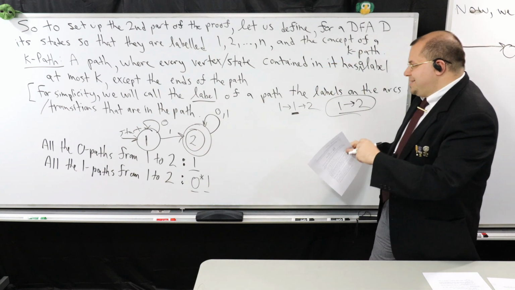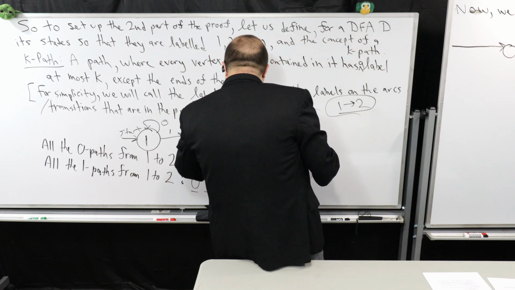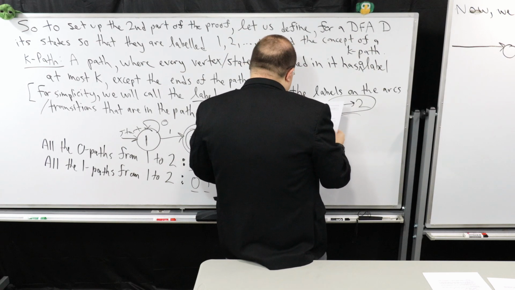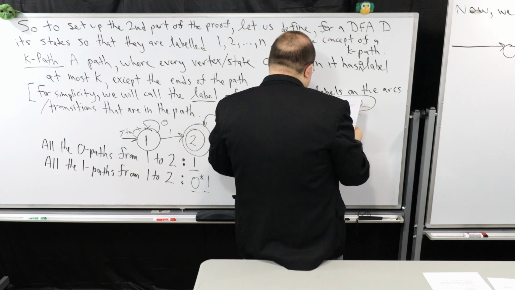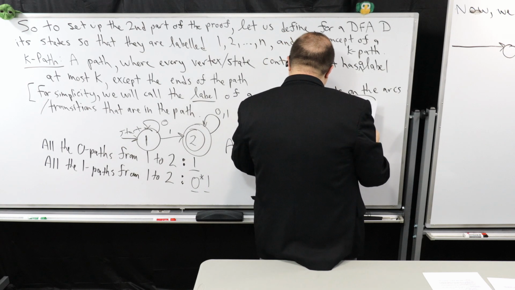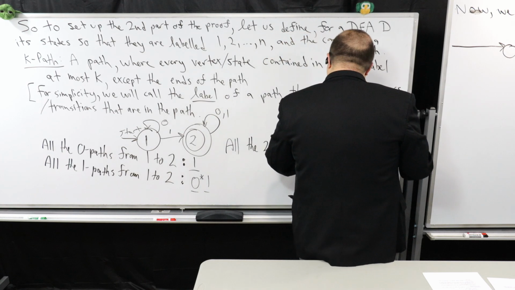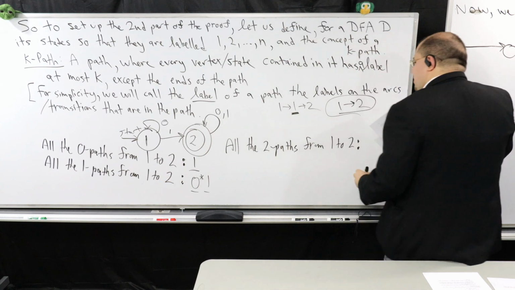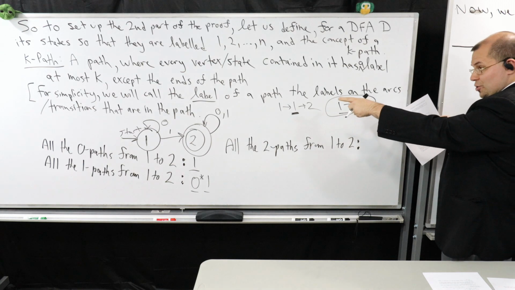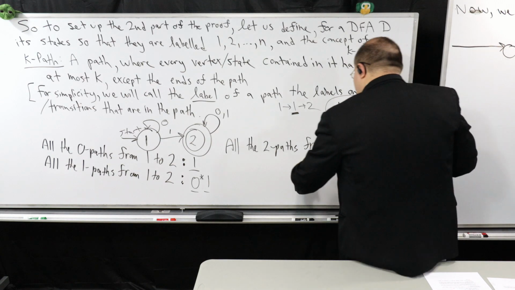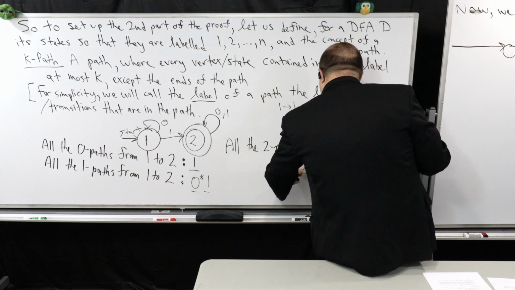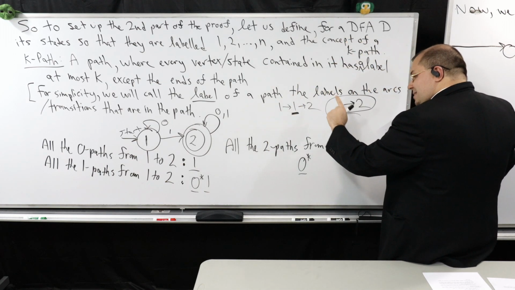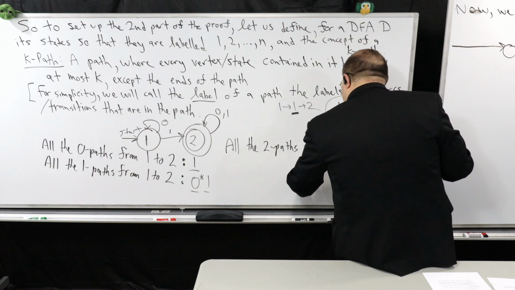Now this is where it gets a little trickier. So for the sake of time, I'll just write it down for you, but I'll let you think about it. All the 2 paths from 1 to 2. So now think about it. I could take that loop at the beginning. So you know that the 0 star is definitely going to be there. To get to state 2, I definitely need to take that 1.